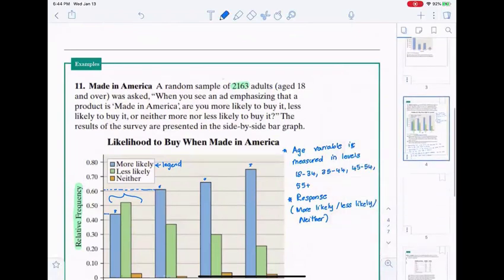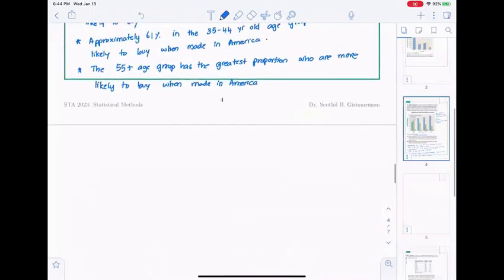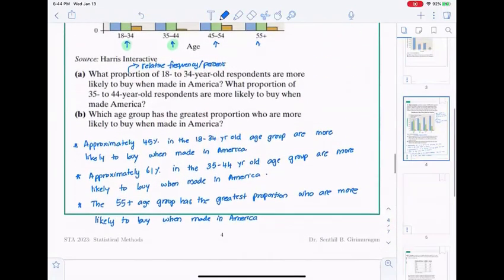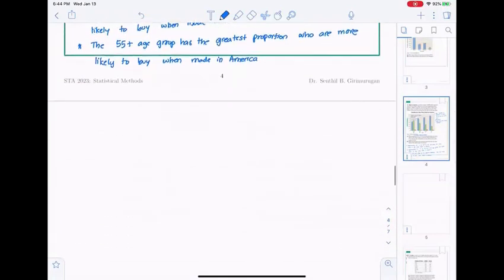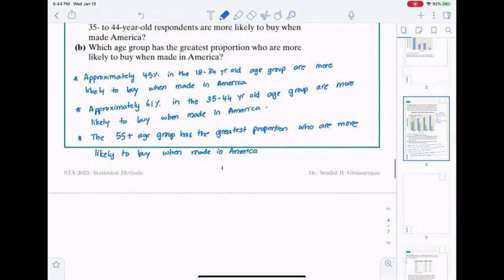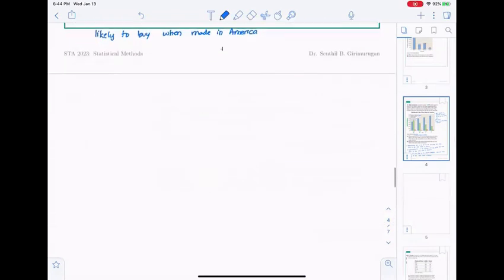So let's consider the same problem, and let's see.